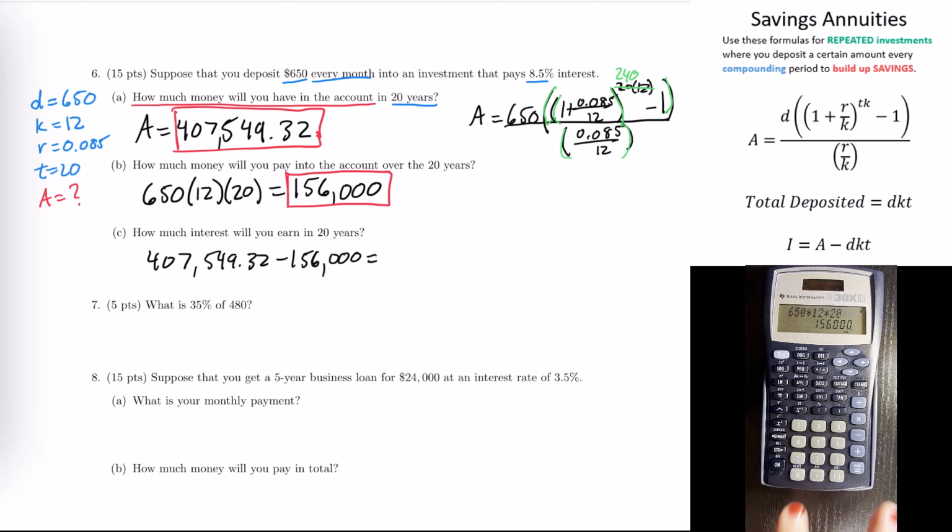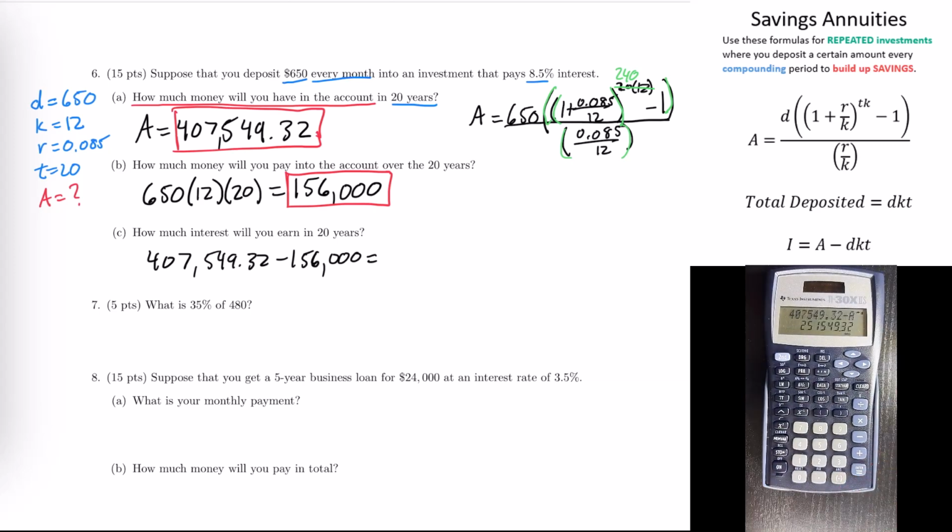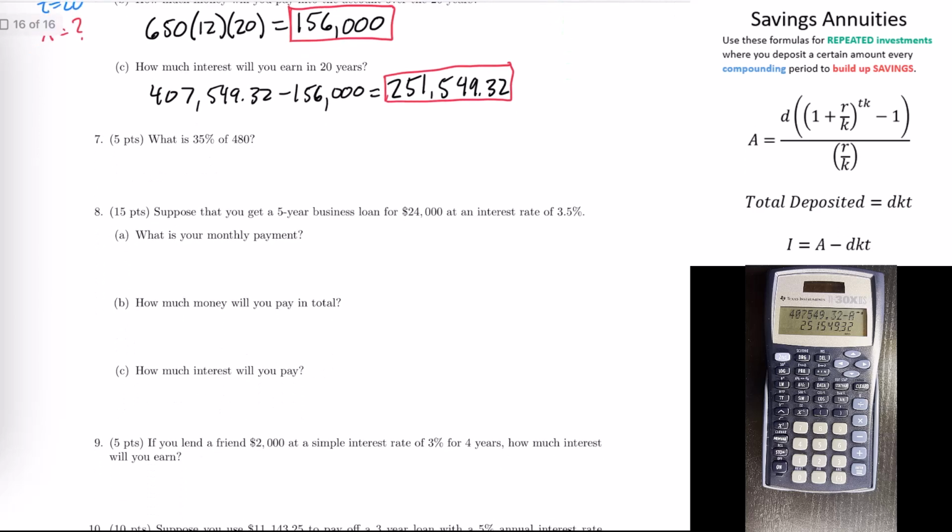So if I subtract those two amounts, 407,549.32 minus that answer I just got, that tells me the amount of interest I earned is $251,549.32. And that's using that last formula for interest. So that's how you would do question 6.